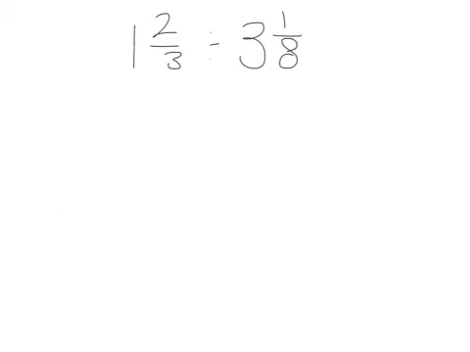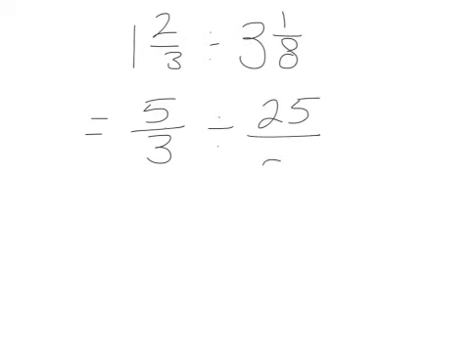And just like with multiplying, it's not possible to just go straight in and divide your whole numbers and then divide your fractions. It has to be written as an improper fraction. So that's what we're going to do first. 1 2/3 means that we have 3/3 within the whole plus another 2, so we have 5/3. 3 1/8 means that we have three sets of eighths in this whole, so we have 24 plus another one, 25 over 8.